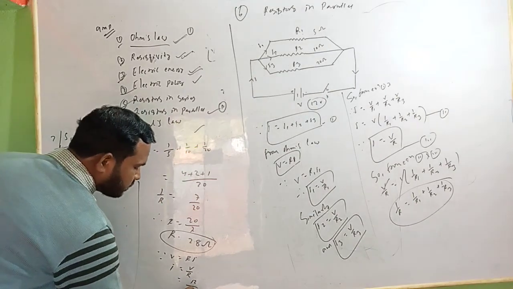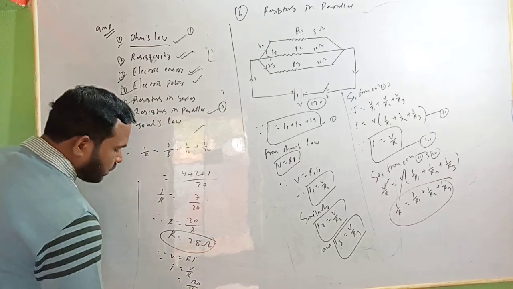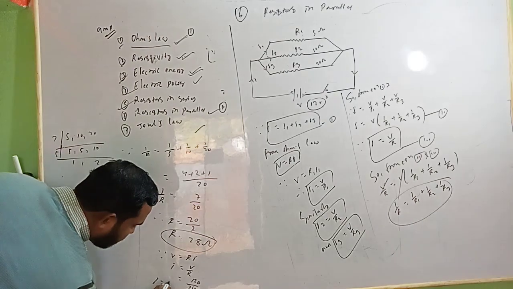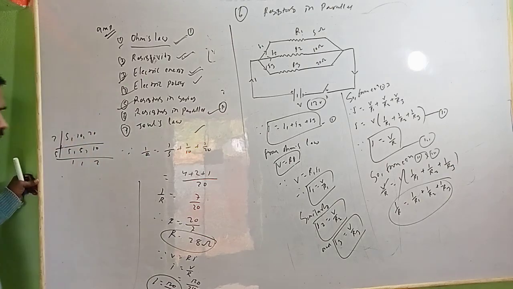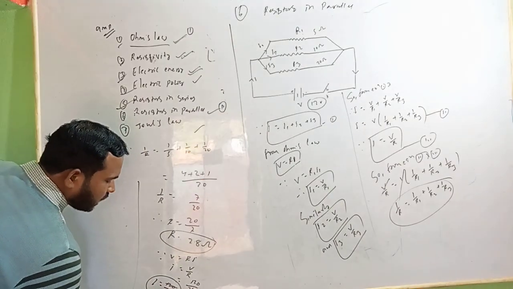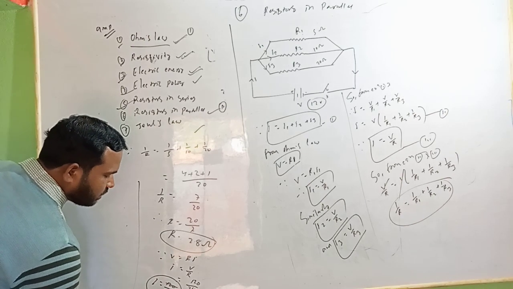Now divide this, so it becomes 120 by 28. You can cancel out by 4, so 7 fours are 28 and 3 fours are 12.